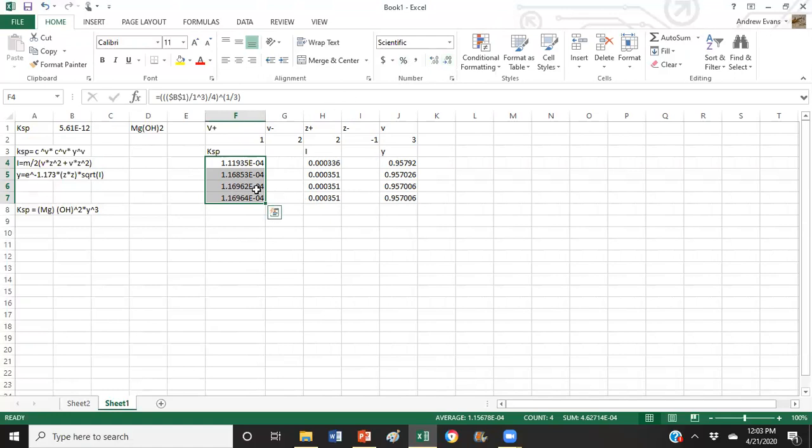So what that's essentially given us is that the concentration of a real solution has been affected by the 1.11 and a 1.17, and that's just for magnesium hydroxide.